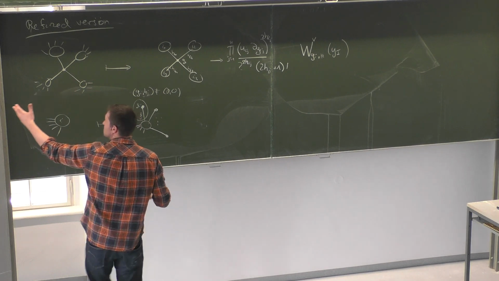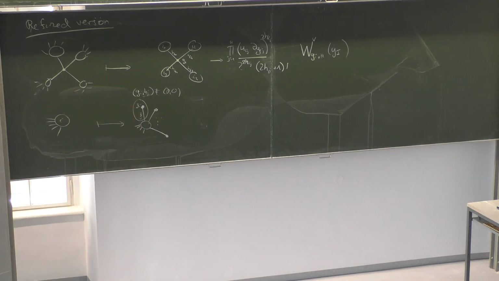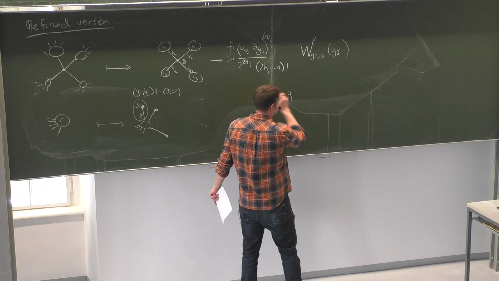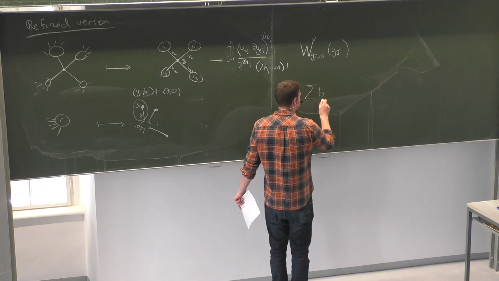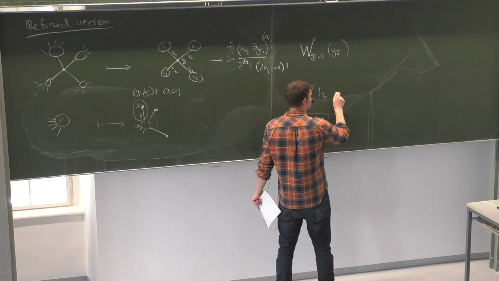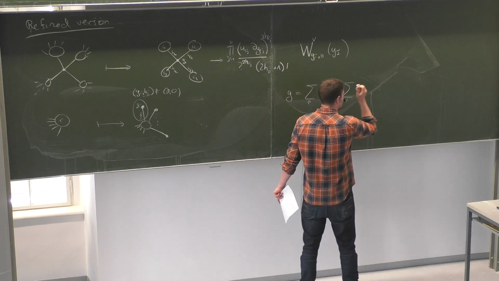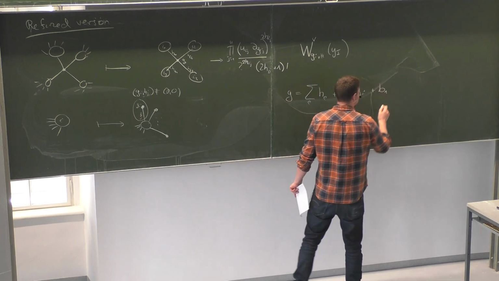So we can extend the definition of these graphs by this additional decoration. Then we have maybe a nicer way to see where in this recursive formula, or in this functional relation, each term appears. The overall condition which holds is that the genus on the left-hand side is the sum over all the h over all edges, plus the sum over all the gi of these bullet vertices, plus the first Betti number of the graph.